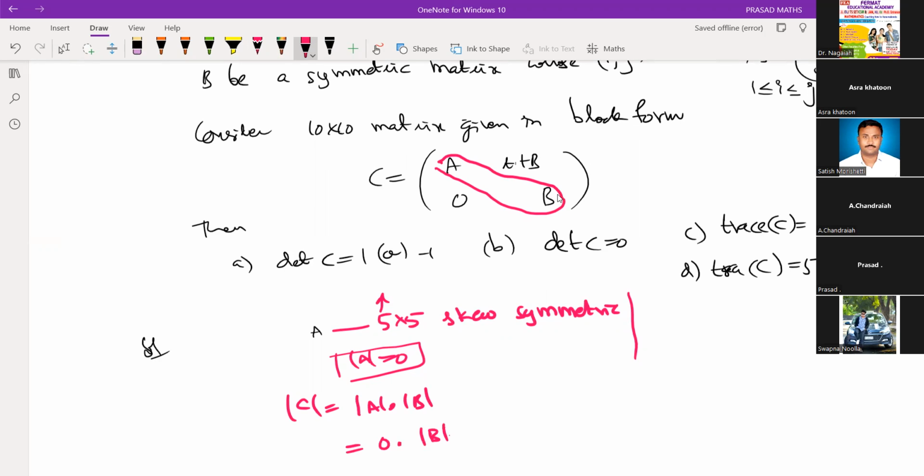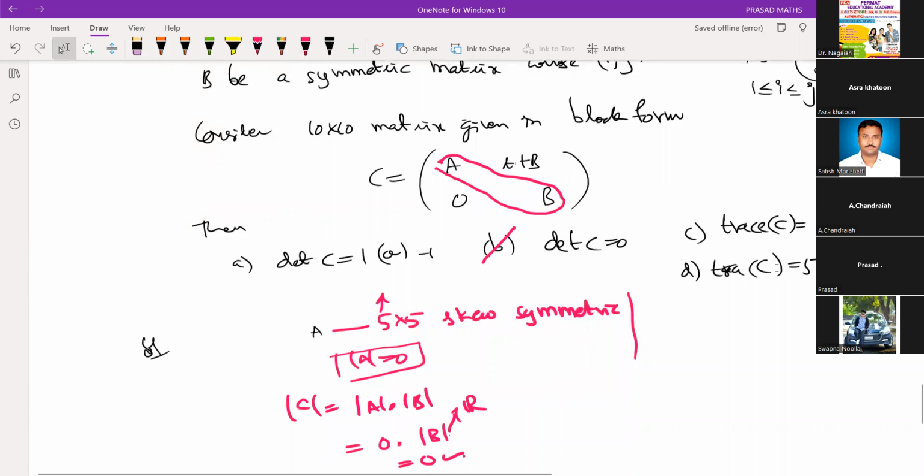You can get any real number. 0 into real number is 0. Therefore, what is the answer? Det C is equals to 0. No need to calculate det B. Is it clear? Because 0 into a real number is always 0.